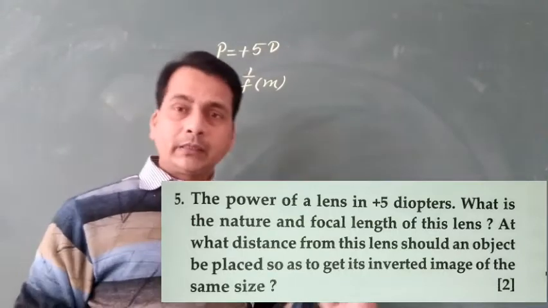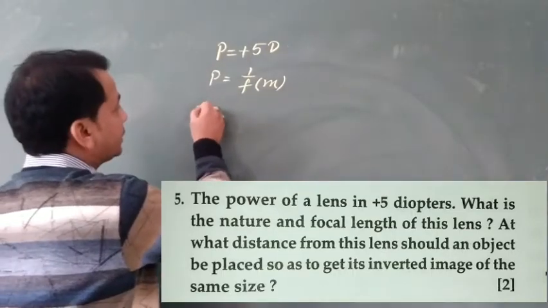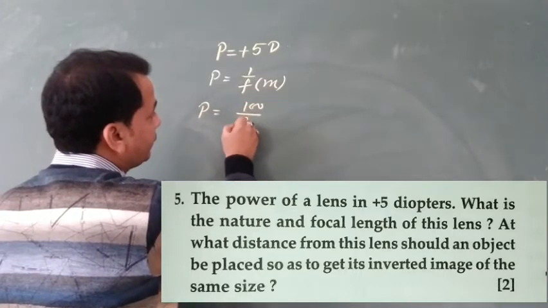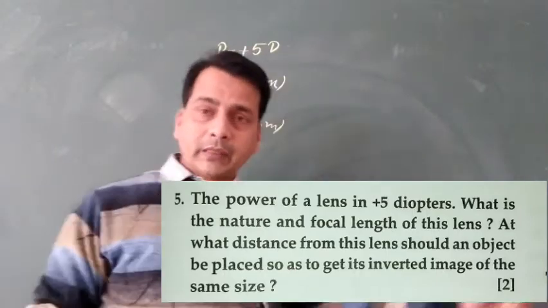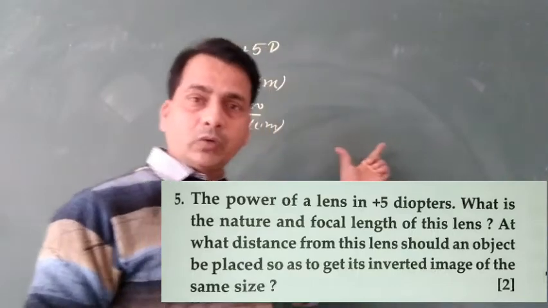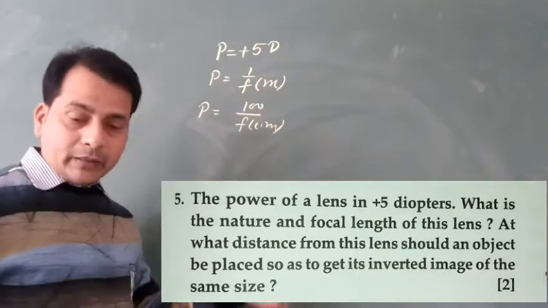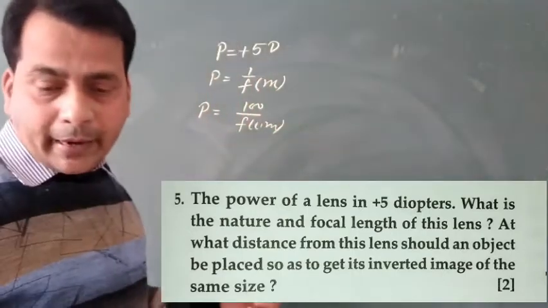If the focal length is given in centimeters, then power P equals 100 by f, with f in centimeters.